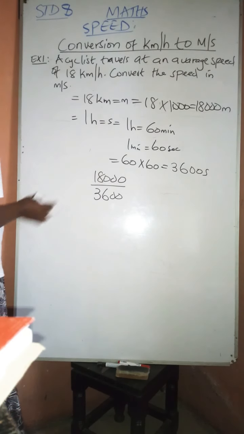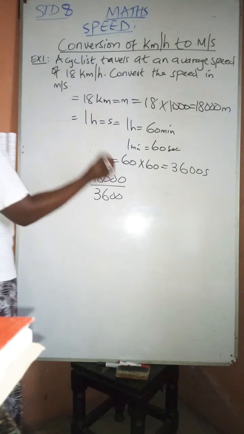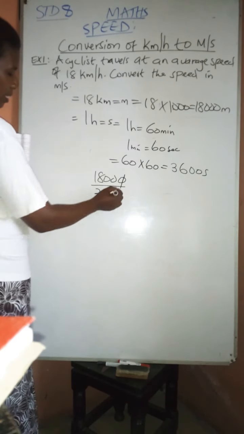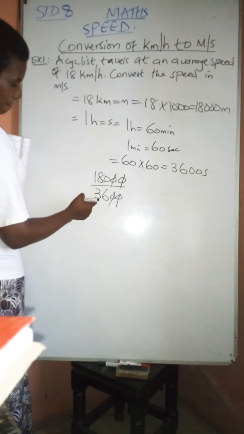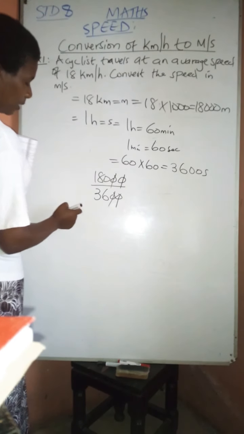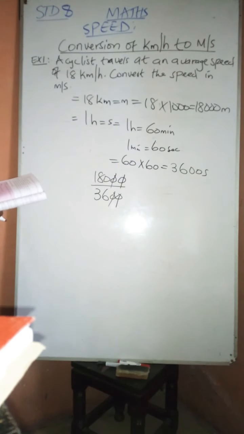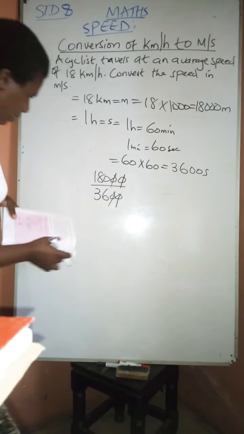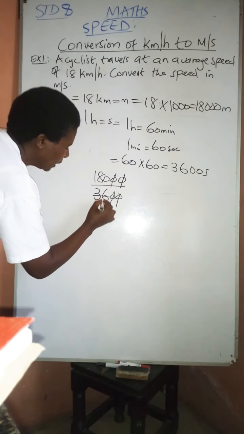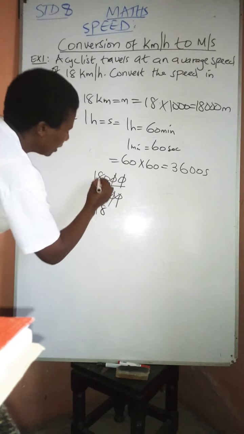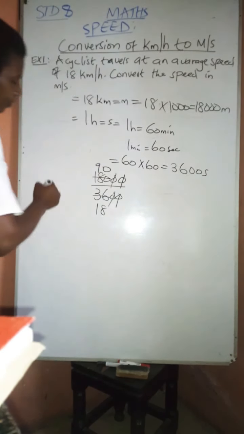And since we cannot leave our work here, we must write in the simplest form, so we start simplifying. Cancel 0 and 0, cancel 0 and 0. What can go here? Let's see. We can use 2. So here 2 goes into 18 eight times, and here 2 goes into 36 eighteen times.